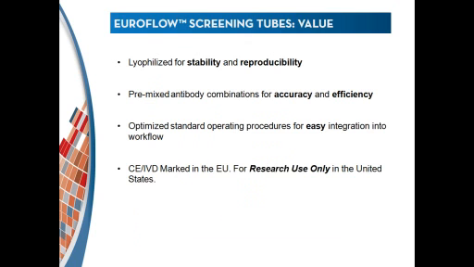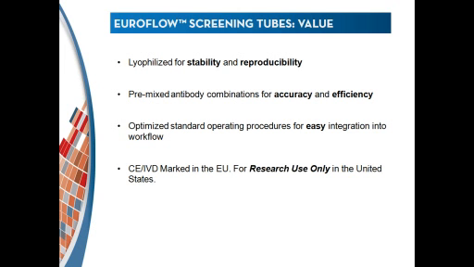The EuroFlow screening tubes are the first step in the whole EuroFlow approach, the first tube that we are going to apply if we want to apply the EuroFlow approach. They have 4 different characteristics that are very important and make the tubes very interesting. First of all, they are lyophilized, so even if it's an 8-color or 12-color combination, all antibodies are in the same vial, lyophilized all together, with the aim of having more stability and reproducibility.